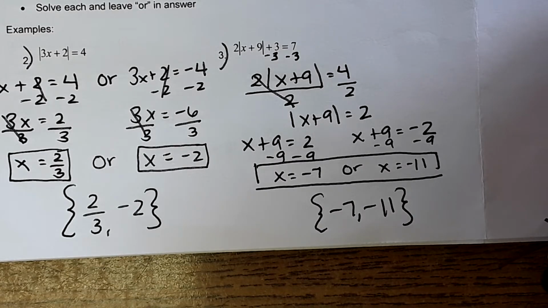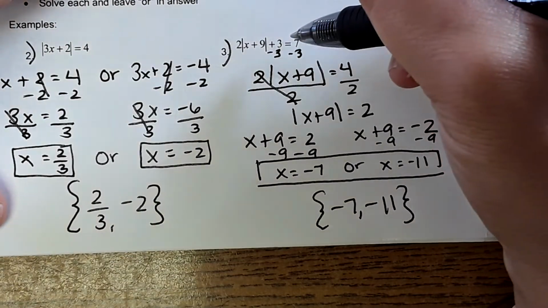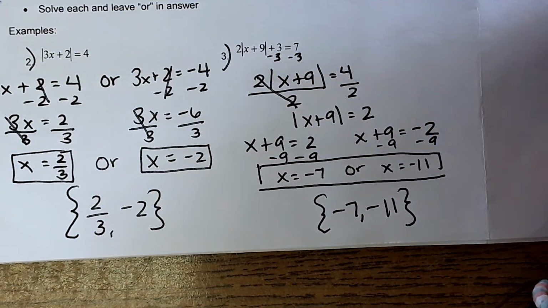Okay. Yes. Why did you subtract the 3 first and not divide by 2? It's easier. Can you do it either way? You get fractions. Yeah, you could divide, but you'd also have to... I don't think you could do it the other way.